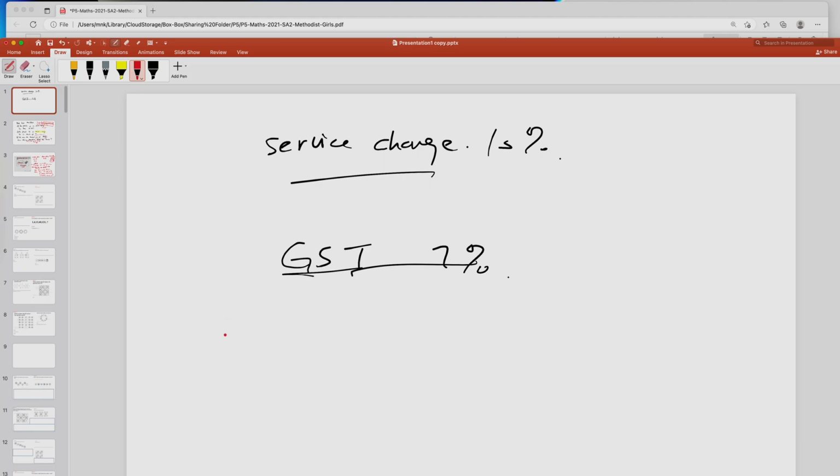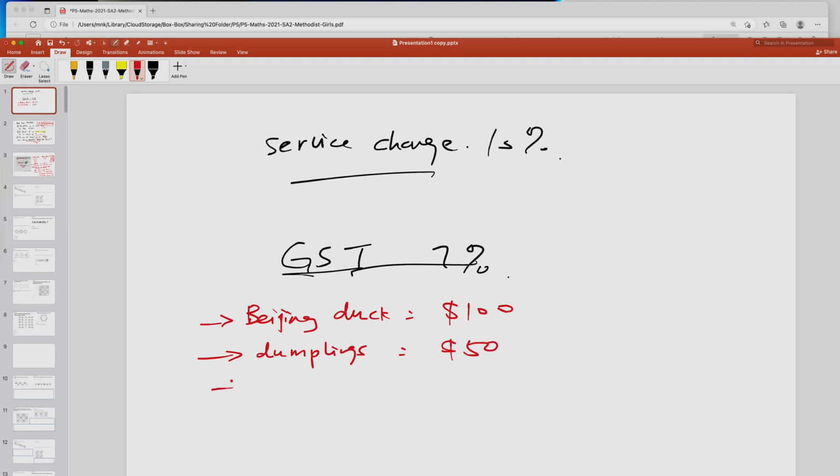So now, let's say you order 北京鸭, let's say $100. What else do you like? Dumplings, 饺子, $50. What else do you like? That's it.